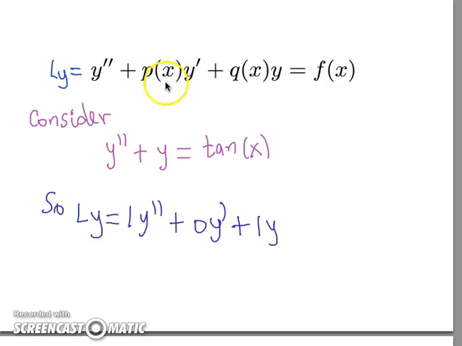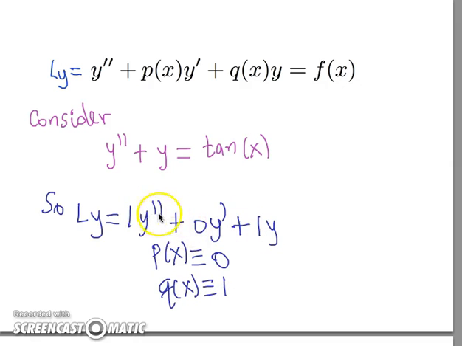So meaning that in that generic form, in this case p of x is a constant function of x equal to 0, and so is q of x also a constant function, but equal to 1. So it's a constant coefficient second order linear differential equation, and then this right hand side is what we consider that function f of x. In this case it is tangent of x.